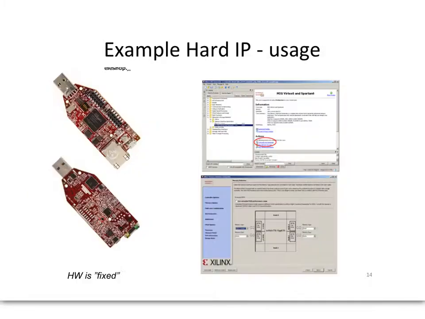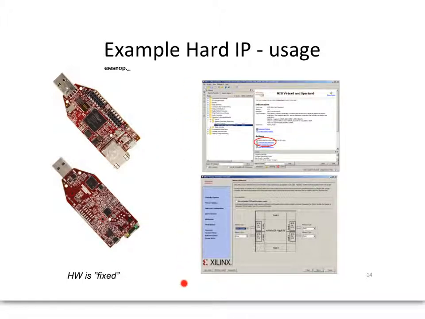Here's an example of hard IP usage on the Spartan 6 LX9 board, where we have a development board with some fixed hardware available. On the back of the board we have some memory. That means inside the FPGA we also have a memory controller that is a hard IP.